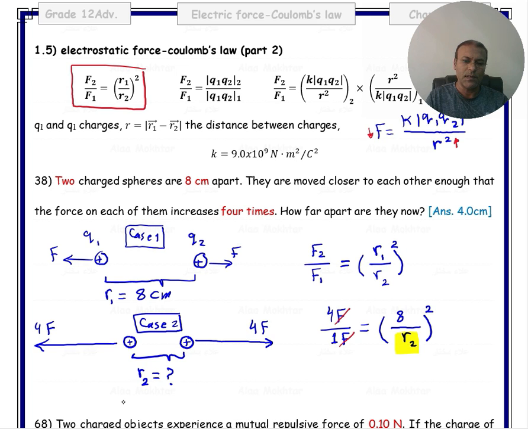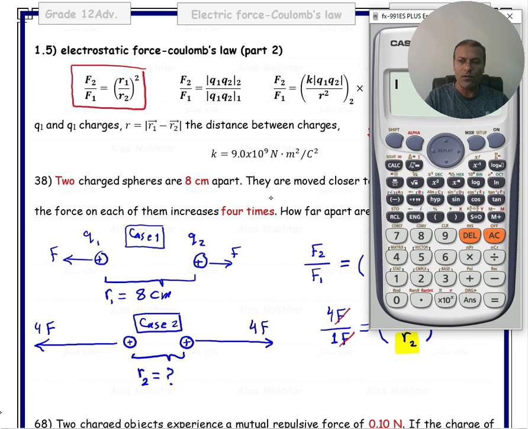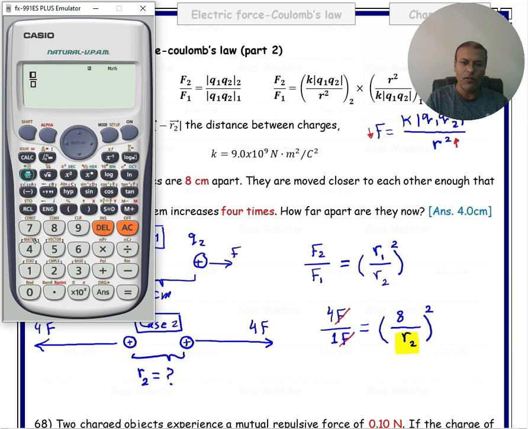We can use shift solve on the calculator, or we can solve it mathematically by taking the root of both sides. On the calculator: 4 over 1 alpha equals squared, then fraction 8 over x, the unknown. Shift solve equals, the answer is 4.